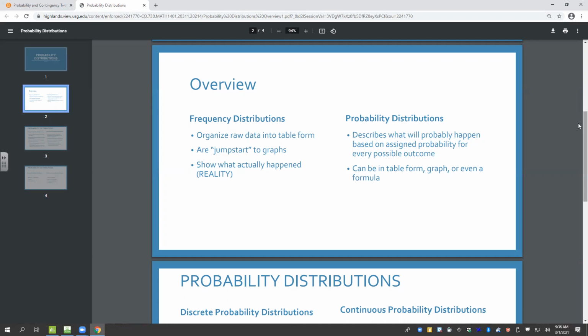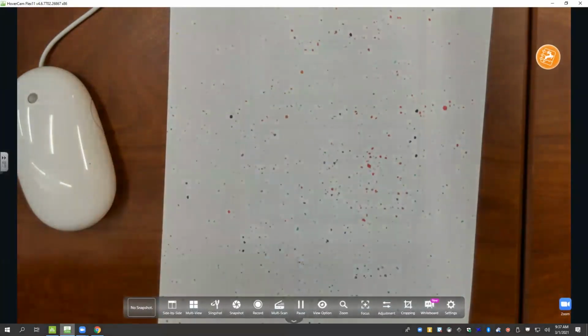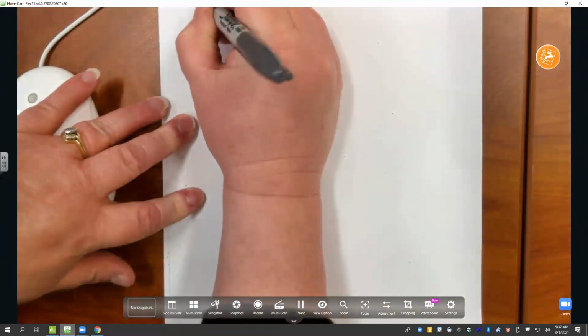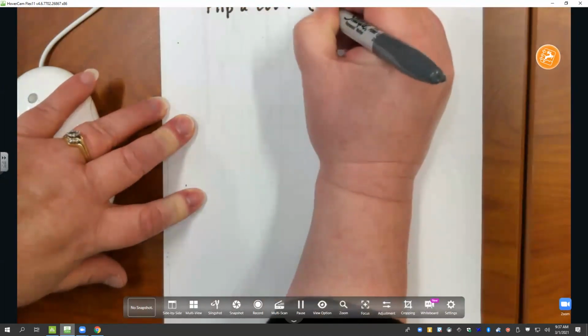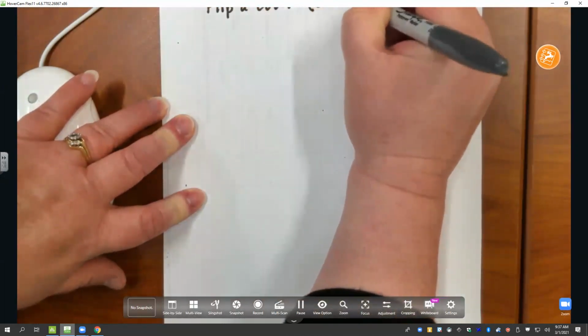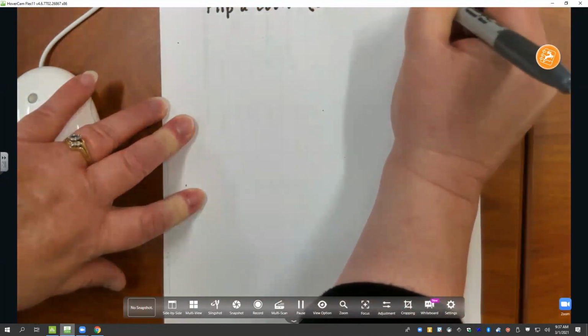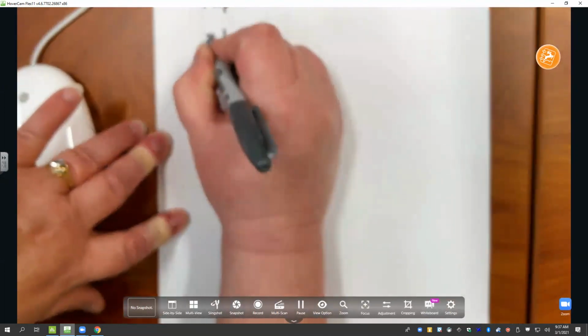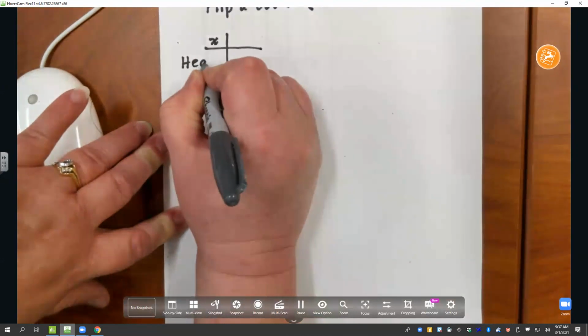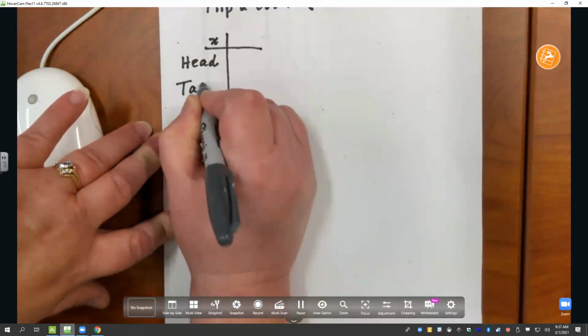One example that would be very simple, that you would probably be familiar with, is if you planned to flip a coin. They kind of call that our experiment. When you flip a coin, you're either going to get a head or you're going to get a tail.